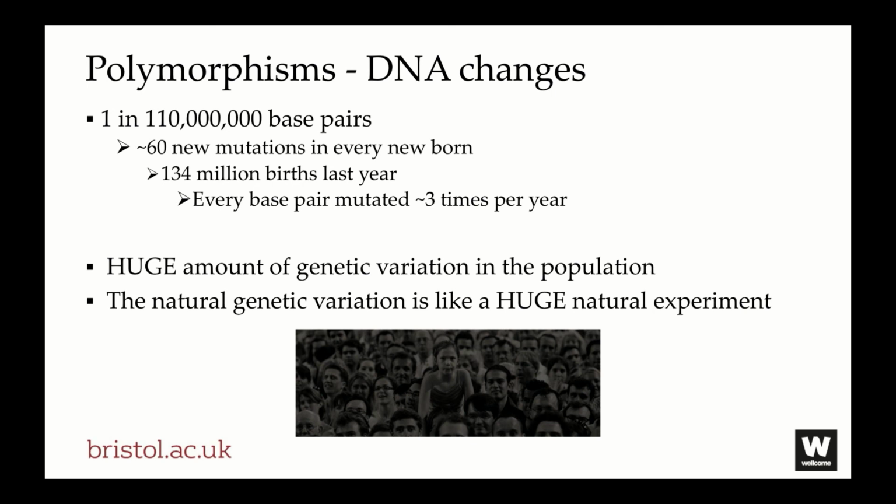If there's a mutation in about 1 in 110 million base pairs, roughly, that means that every single newborn has about 60 or more new mutations. And if there were about 140 million births in the last year, that means that every single base pair in the whole genome has been mutated at one time. And that doesn't account for the things that we inherit as well.